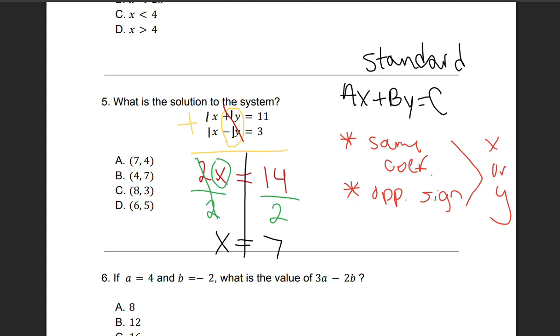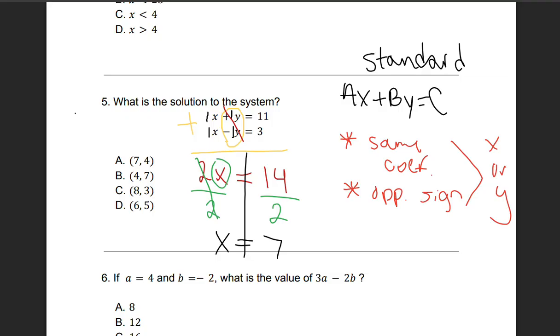Now, I did not fully solve this problem yet. I technically have to still plug in and solve to get the y, but given just the x, we can actually find our answer. So this can happen, especially because CLT is multiple choice. Use the tools and understandings. Don't over-extenuate yourself with trying to solve these problems.